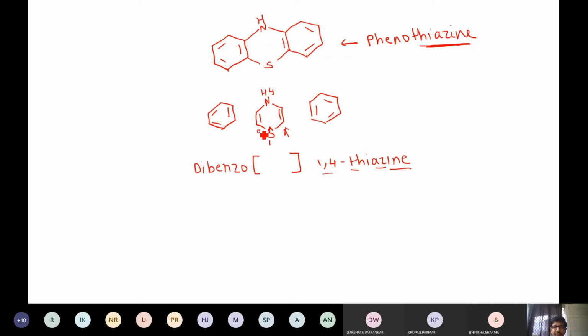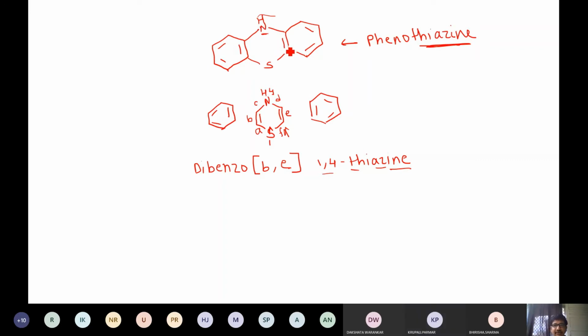So this bond becomes A, B, C, D, E and F. So at which 2 positions 2 phenyl rings are getting attached? B and E. Okay. Now, the other thing is we have to define this nitrogen, right? Because proton is attached here.